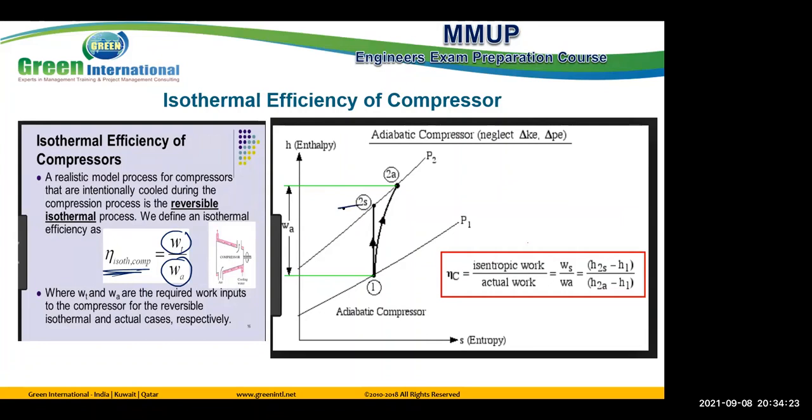This is the theoretical work for the ideal case, but the actual is going like this. So for a compressor, it makes sense that the real work used is more than the ideal. Turbine is opposite.